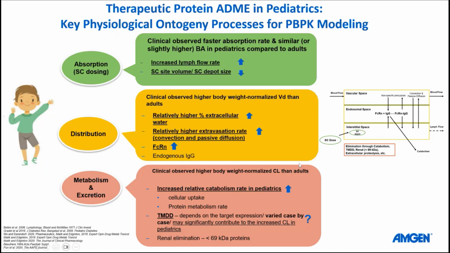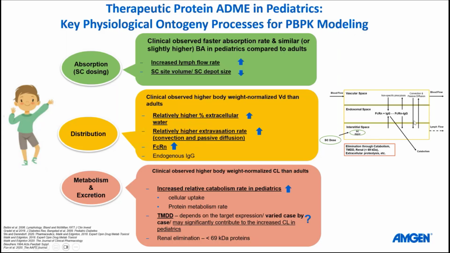So a higher percentage of extracellular water will make the drug tend to distribute to the tissues. And the literature has also reported relatively higher extravasation rates in pediatrics compared to adults.